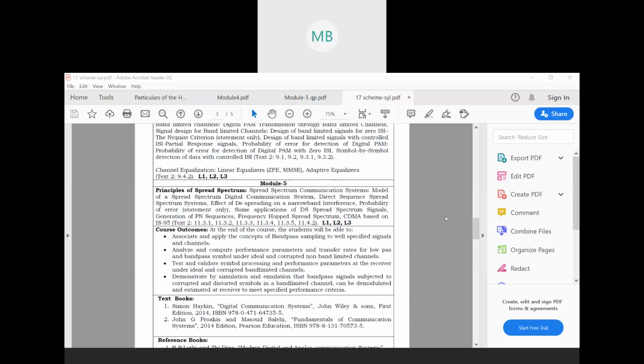Otherwise, we'll start with question paper discussion. Similar to yesterday's session, we'll start with the question paper discussion. If you have any question related to the topics, solution to any problem or any topics which are difficult, you can ask.